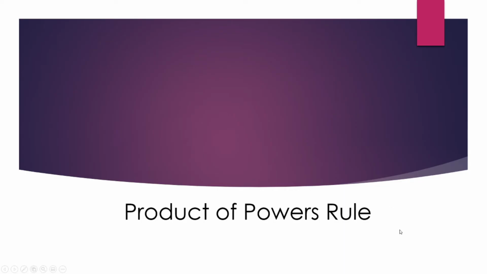This is called the product of powers rule, and it says when I take 2 of the same bases, in this case, let's call it x, and we have x to the m power times x to the n power, it's the same thing as x to the m plus n power. We can take x to the m times x to the n and rewrite that by just adding those exponents, but only when the base is exactly the same. So let's go ahead and do some examples with this.